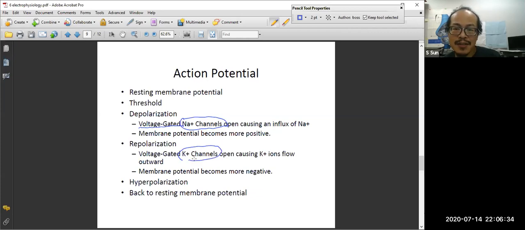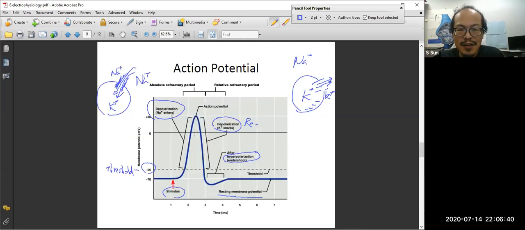This potassium channel opens because the membrane is near neutral. It used to always be around negative 70, so they've never seen this before. Now it's 0, and potassium feels like, okay, it's my turn to open. So it's sensitive to voltage; its opening is gated by the voltage.